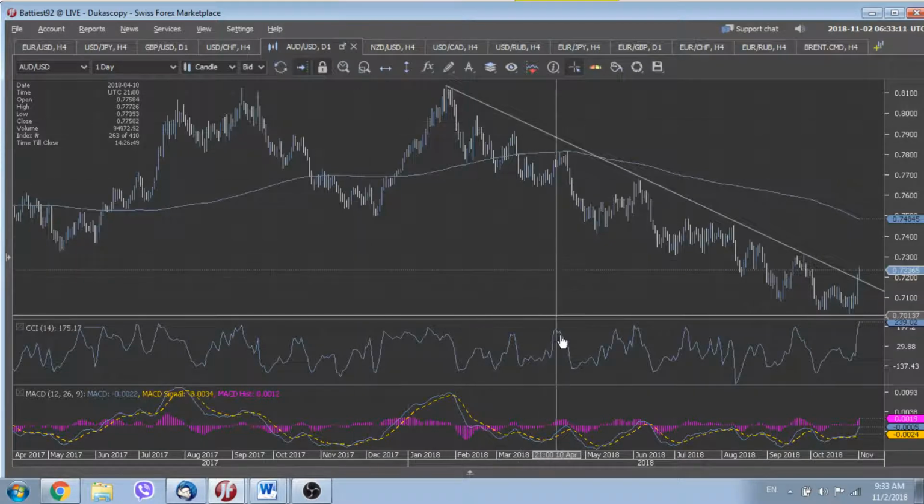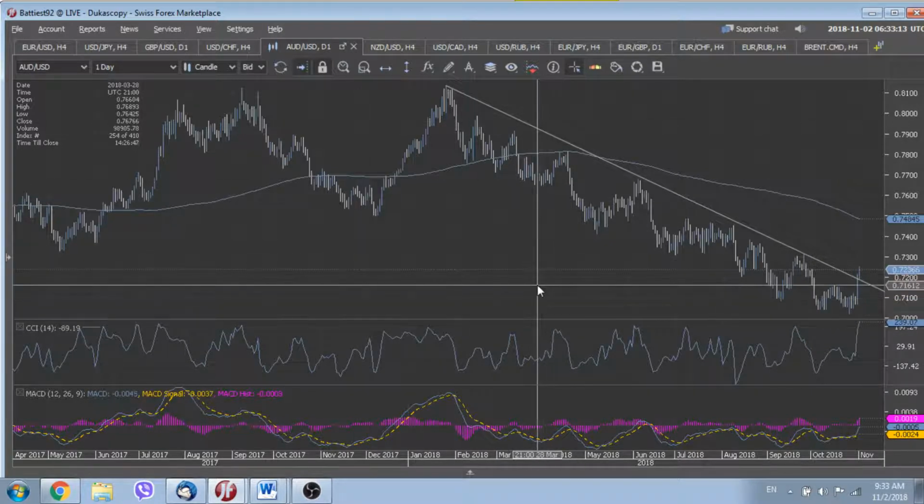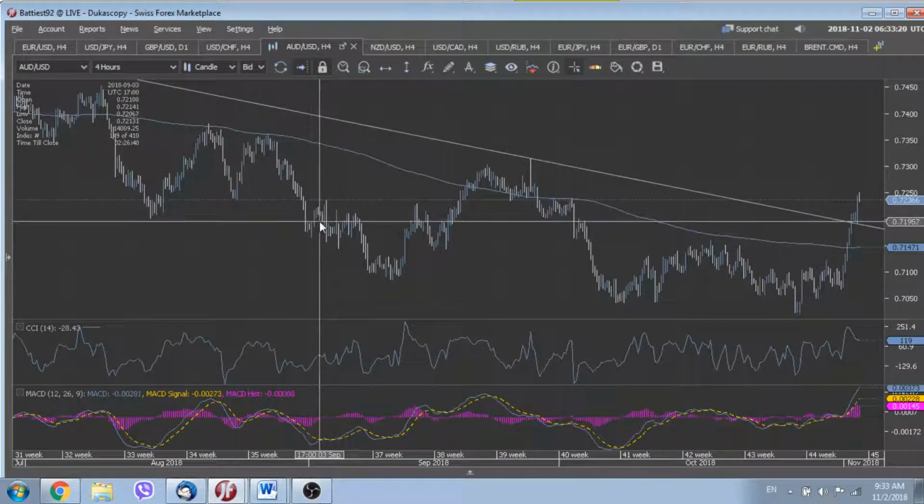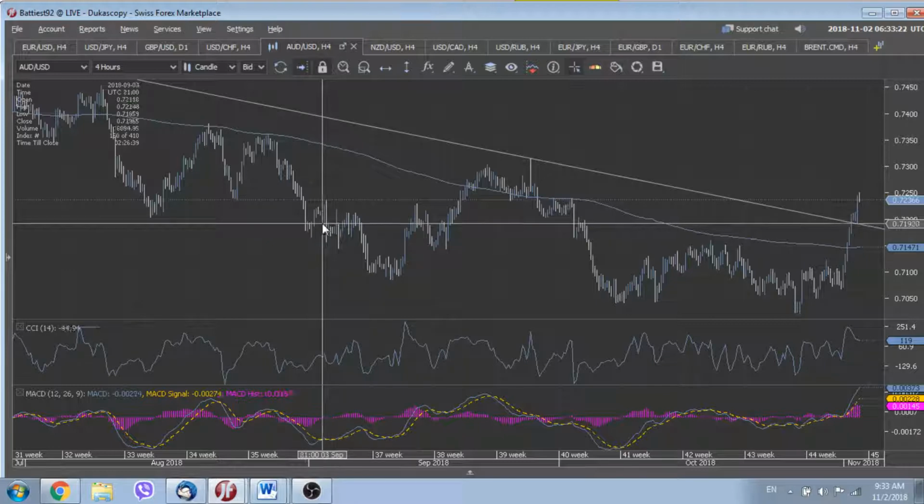Now we are ready to rebuy the Aussie in case of a dip below this level of 0.72. Now 0.7190 is a first support in the currency.